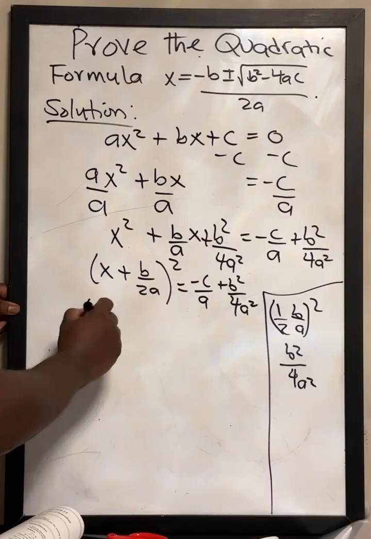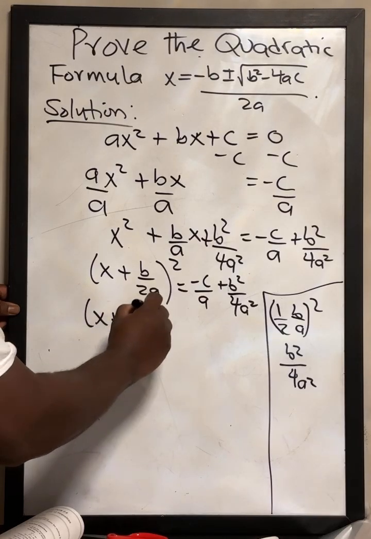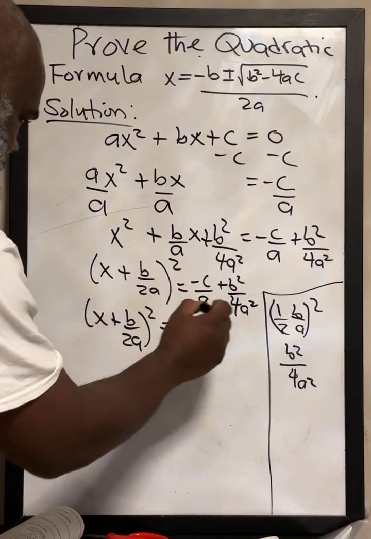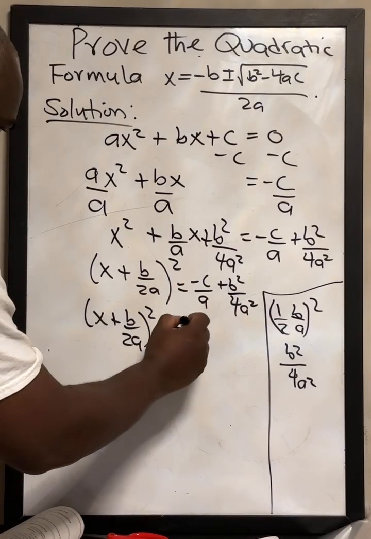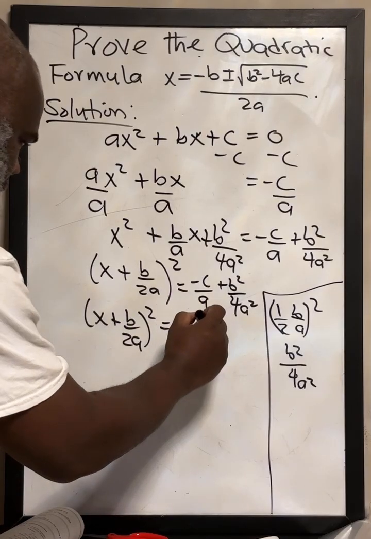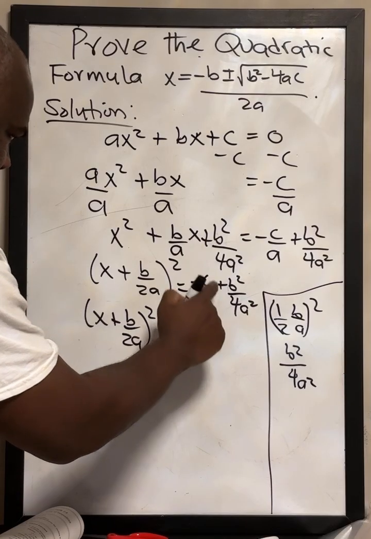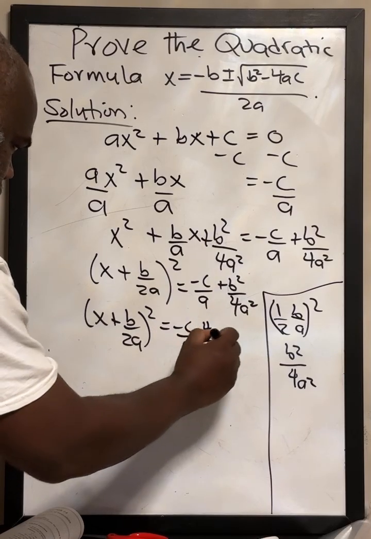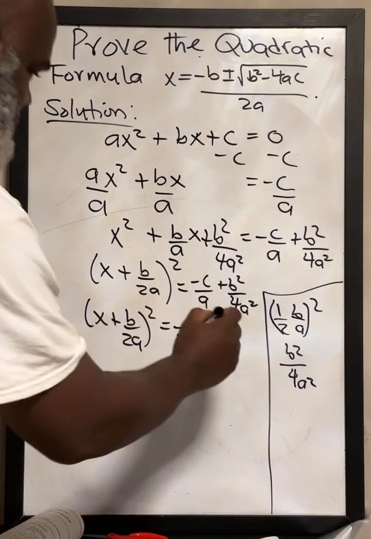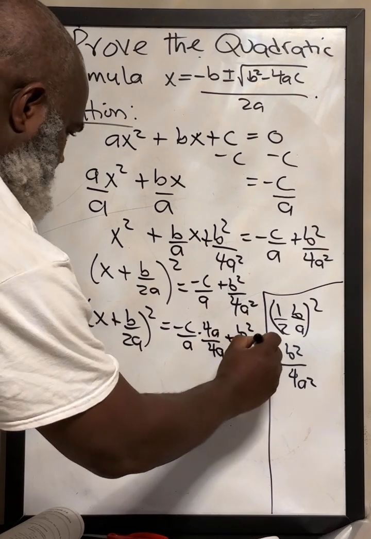So what we have is x plus b over 2a squared is equal to, we find the LCD here, so it's 4a squared. So we have negative c over a times 4a, right? This is missing the a and the 4, plus b squared all over 4a squared.